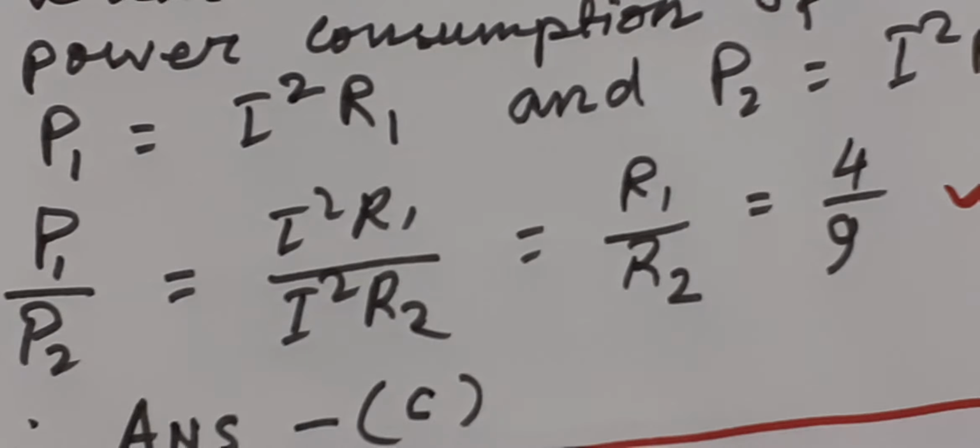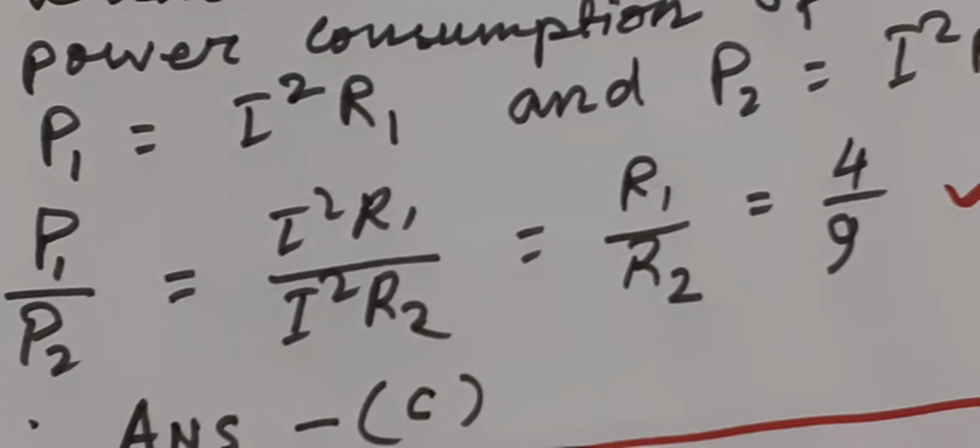P1 will be I square R1 and P2 will be I square R2, and I will be the total voltage given here, that is 500 volt divided by total resistance R1 plus R2, that will give I. And I will be same for both the bulbs because it is in series connection.